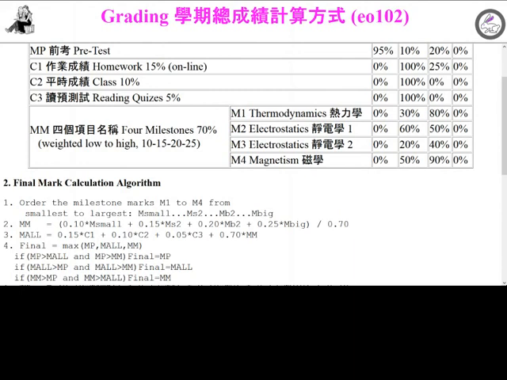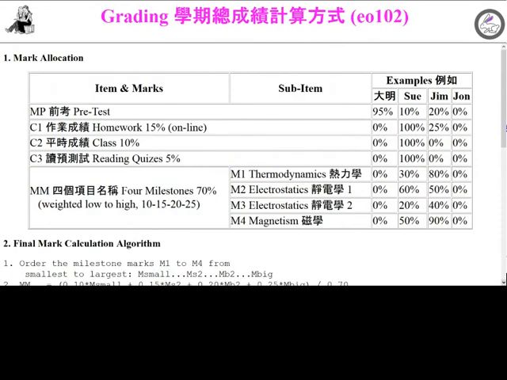This will give you another mark out of 100. Your final mark will then be selected as the maximum of MP, which is the pretest mark, all the marks mixed together, M all, or just your milestone marks. So whichever is highest.